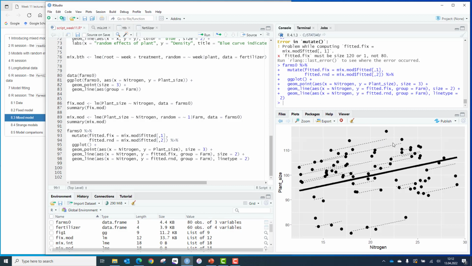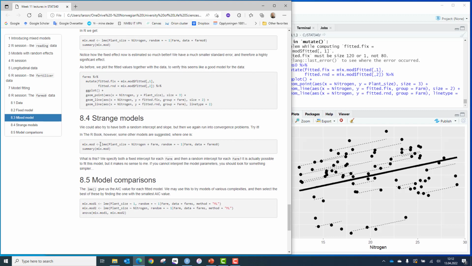I don't have the lines that connect them anymore, but now instead we have the main effect of nitrogen on plant size, right? The big thick line, and here we have the fitted values for each farm now as the broken lines. So this looks pretty nice, I would say. You can see that the big difference is between the farms, right? So this sanity check is always worth it.